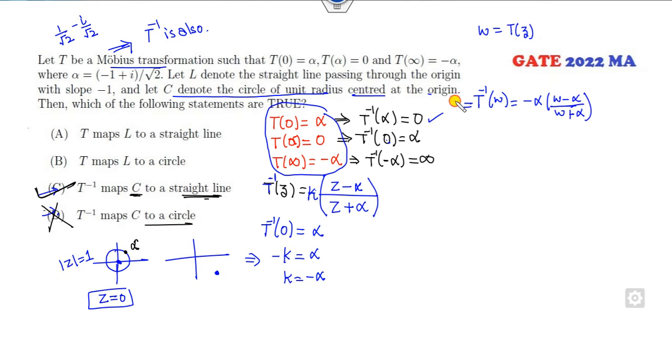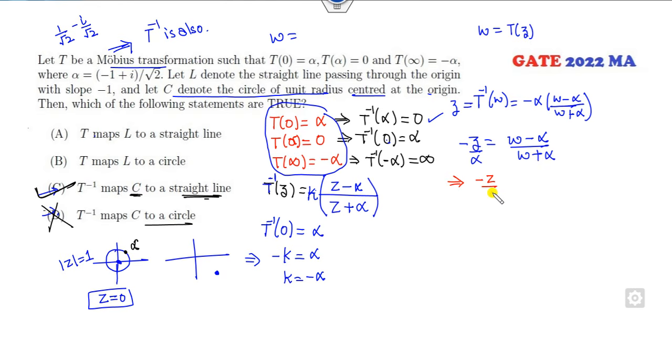Now this is my z. Now our target is to find the map w, so I have to equate them. Can you find the value of w from this case? You can easily find the value of w from this.